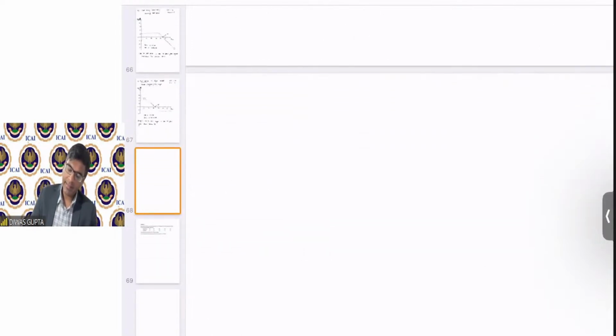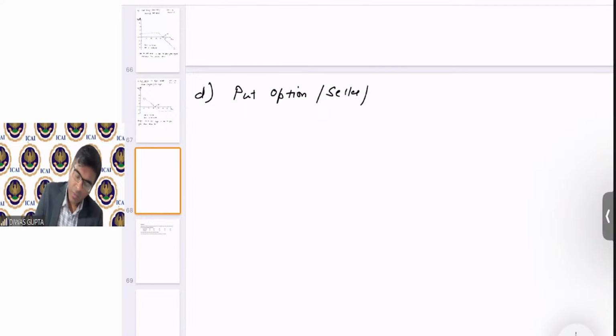I think the last case, which is put option seller, who has done the short put, correct? Or we can say the writer of put option.